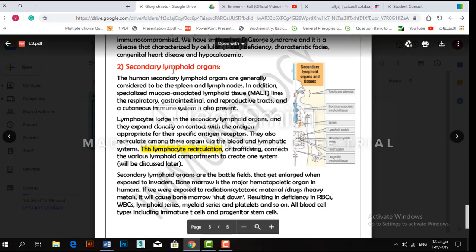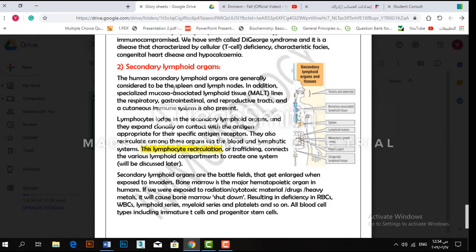So the secondary lymphoid organs are the spleen, lymph nodes, and the specialized mucosa-associated lymphoid tissues. We find them in the respiratory, gastrointestinal, and reproductive tracts.